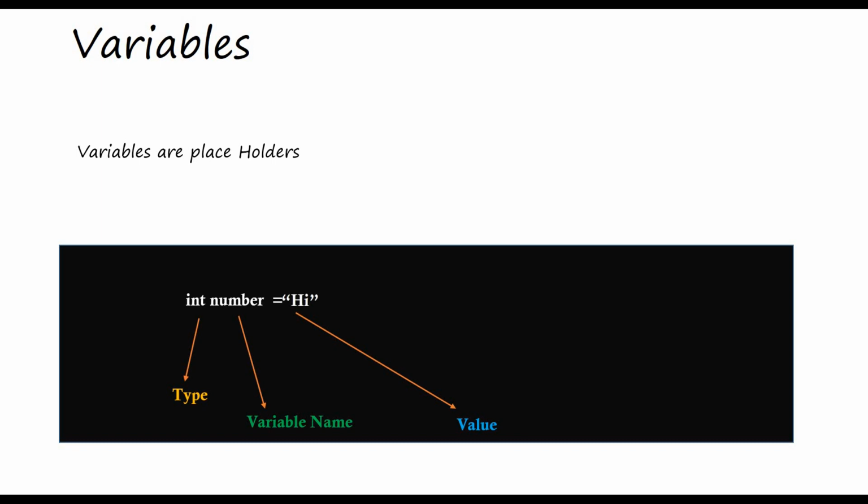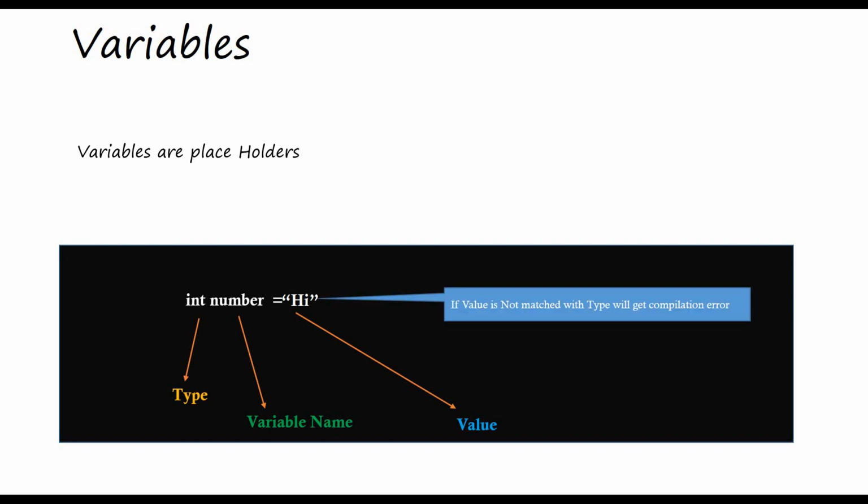Let's say you put int number equals hi. Hi is not a number, so at this point it will throw an error, because you are telling it that number should hold an integer value, but you are trying to store something else. That's why you will get an error.